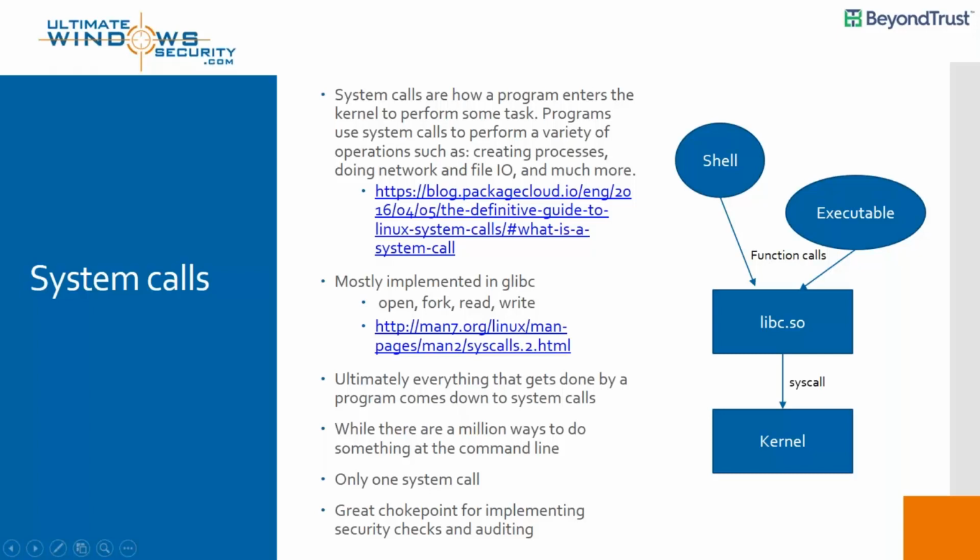So syscalls are the APIs into the kernel, is another way that you could put it. And the cool thing is there may be a million ways to do something at the command line, but it's going to come down to a finite set of system calls. And so syscalls, I'd like to say, are a great choke point for implementing security checks and auditing.